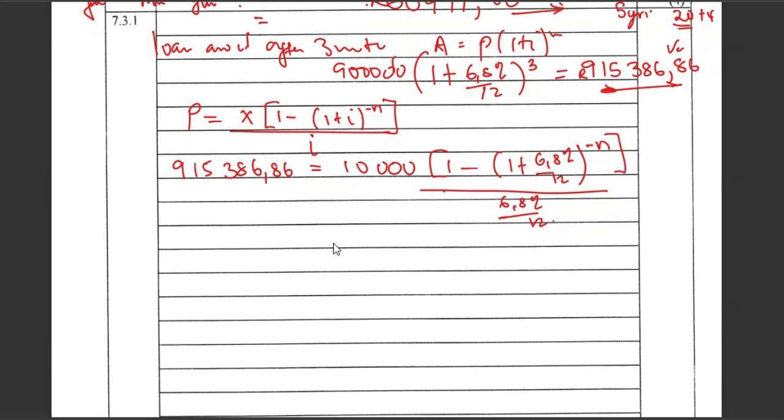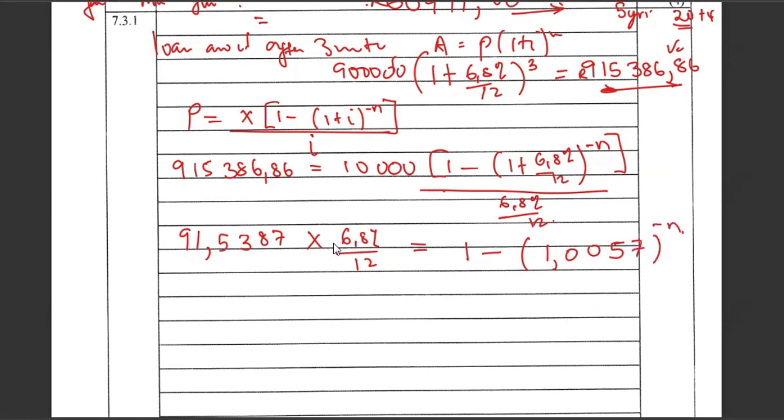So feel free to do your magic of how you're going to simplify this. You can start by dividing both sides by the 10,000, meaning that we're going to have 91.5387. And then I'm going to multiply it by the 6.8% over 12, which should give me 1 minus the bracket. When I simplify that bracket of the 1 plus 6.8% over 12, I'm getting 1.0057.